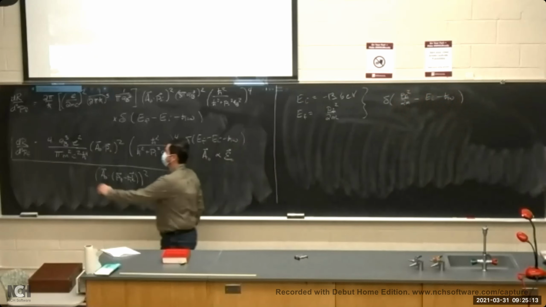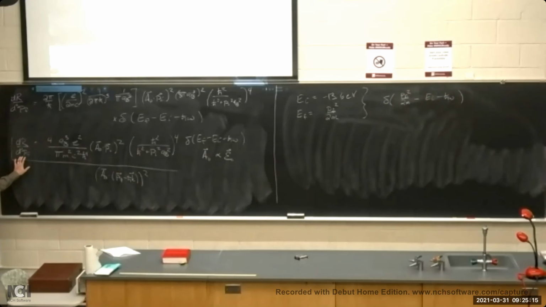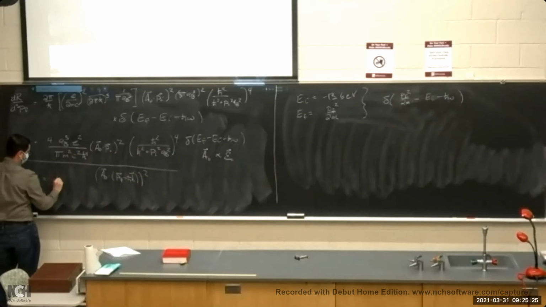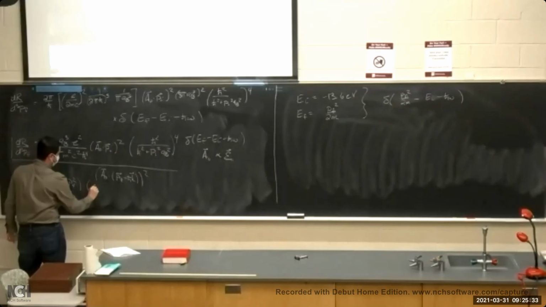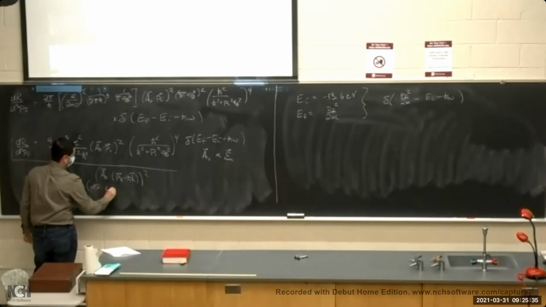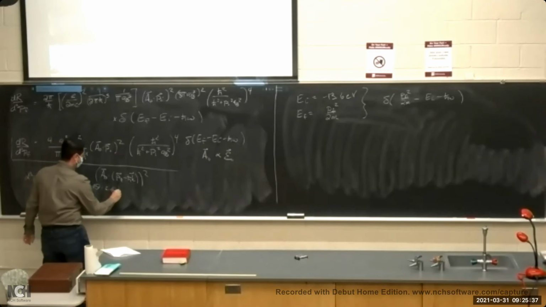So this rate is something which is differential in all three components, x, y, and z. Or equivalently, this is differential in the spherical components. So this is differential in the magnitude P final with the measure P final squared. It is differential in the angle theta with the measure sine theta from spherical coordinates.